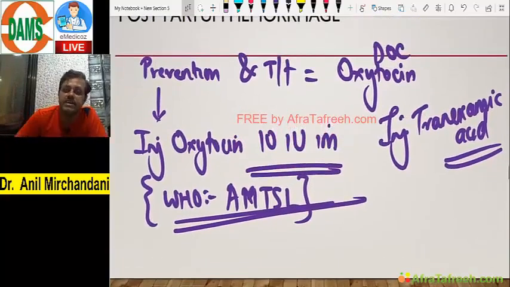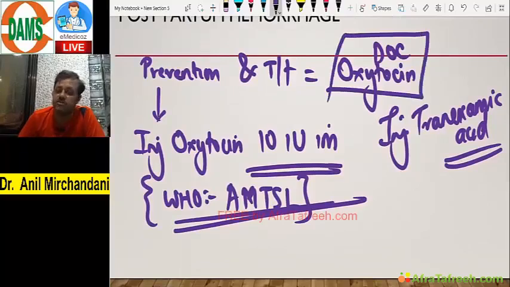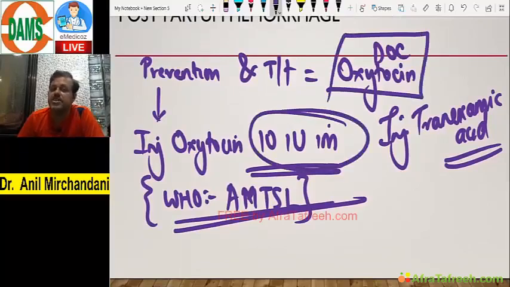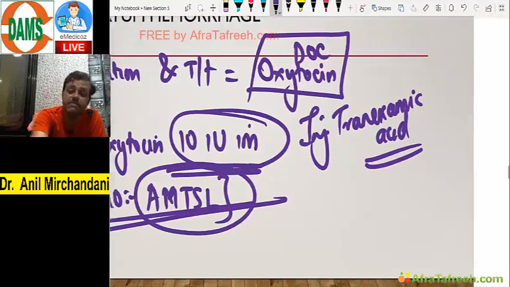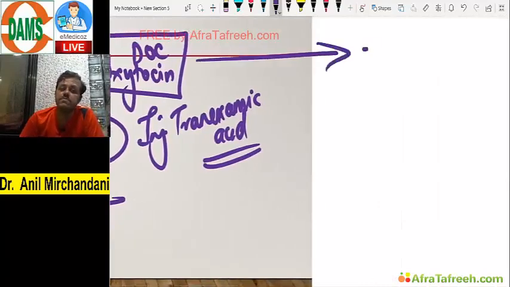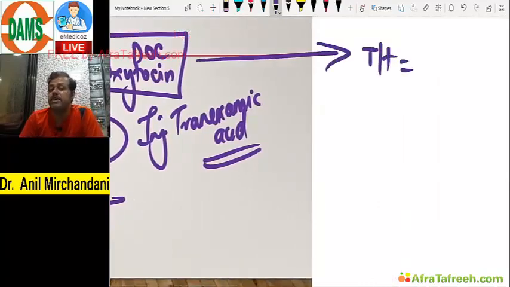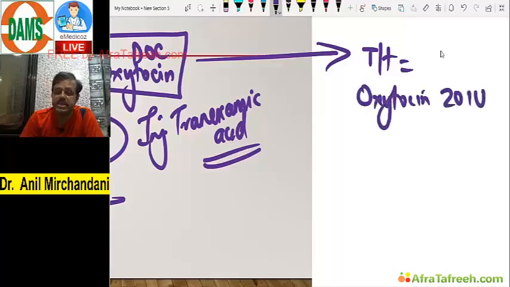So prevention and treatment of PPH, you remember the drug of choice is oxytocin, 10 international unit IM. For active management of third stage of labor, tranexamic acid is also used. Treatment of PPH, oxytocin, 20 international unit IV.